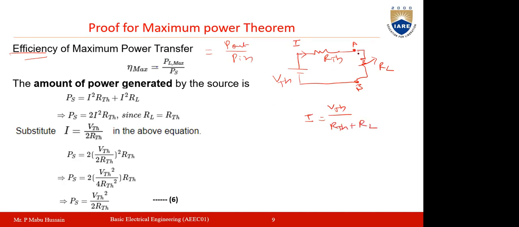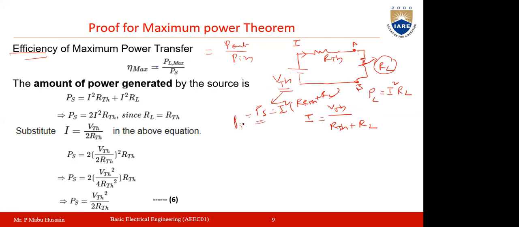Okay. And the power delivered to this load RL, the load power PL, you can write as I square into RL. And the power delivered from the source PS will be equal to I square into (R Thevenin plus RL). So power input, or power coming from the source, is the same thing.